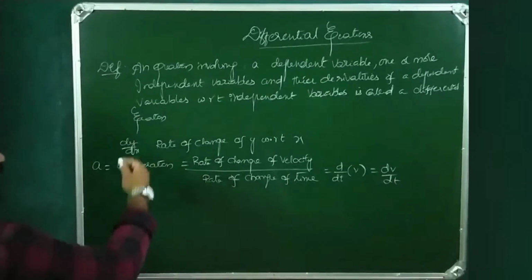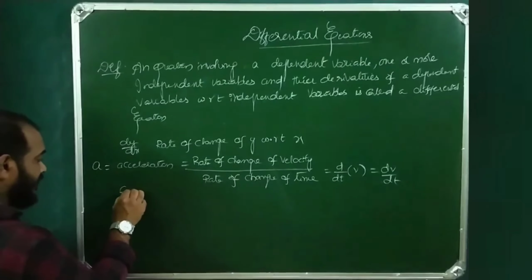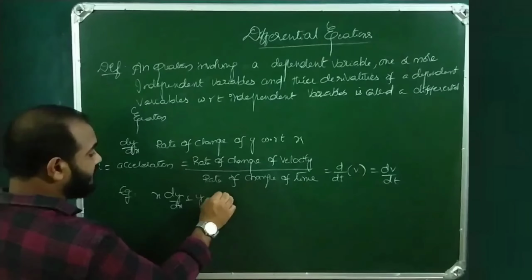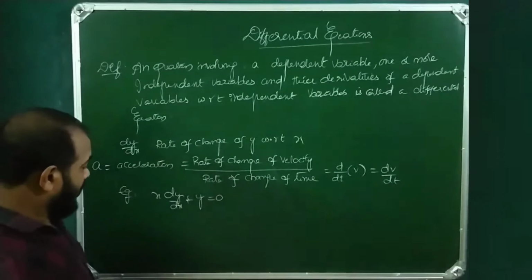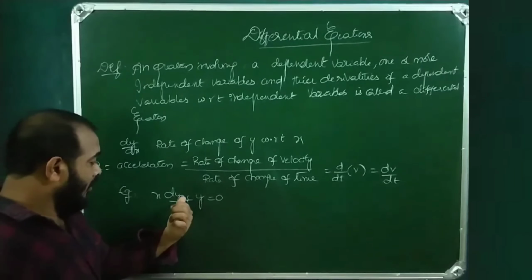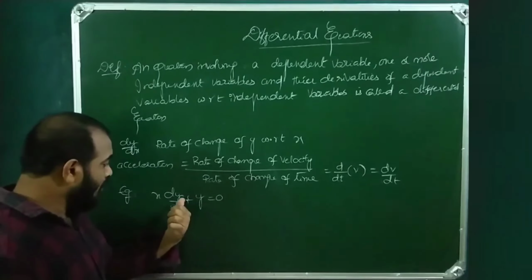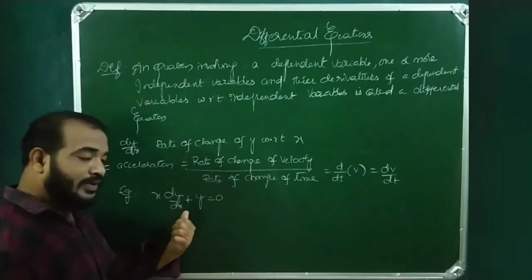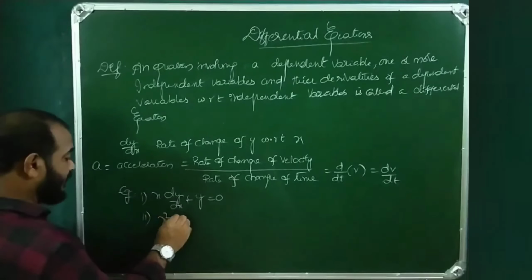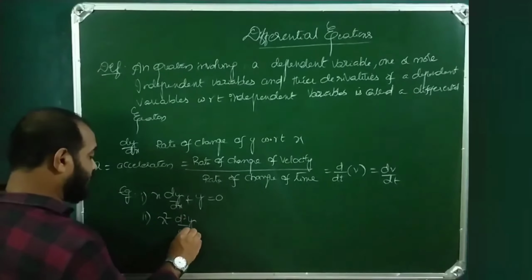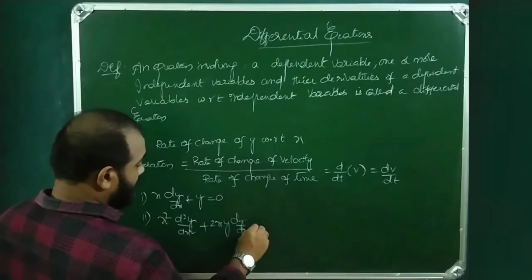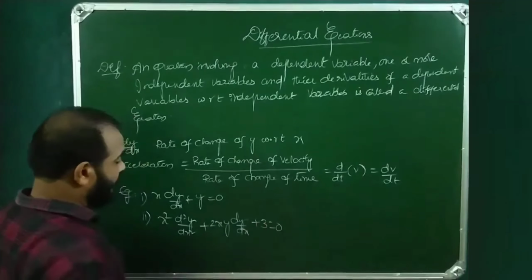So we can have some examples. x dy by dx plus y equals 0. Here there is one variable and the derivative of the dependent variable y with respect to the independent variable x. Otherwise, we can even take x square d square y by dx square plus 2xy dy by dx plus 3 equals 0.